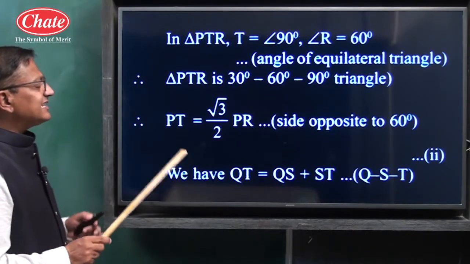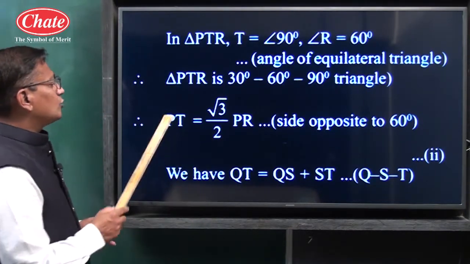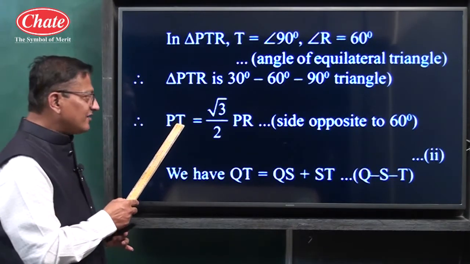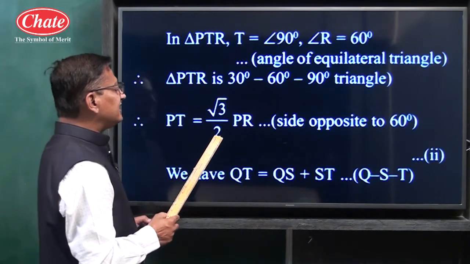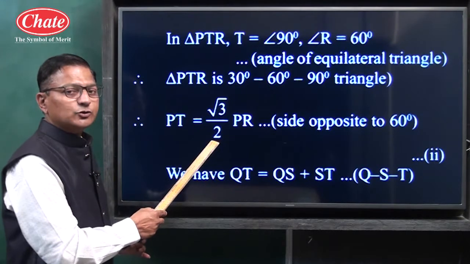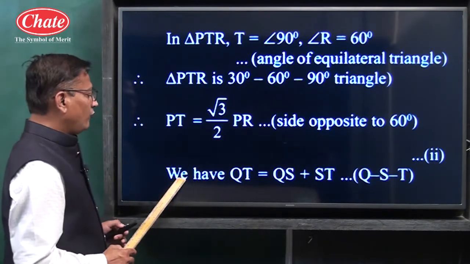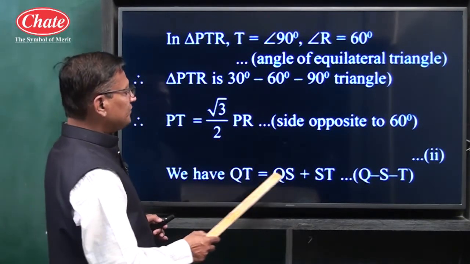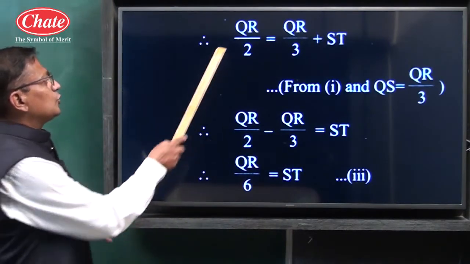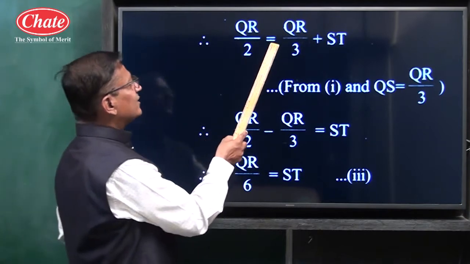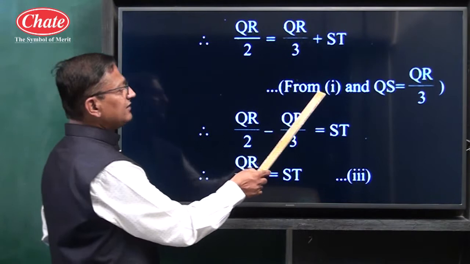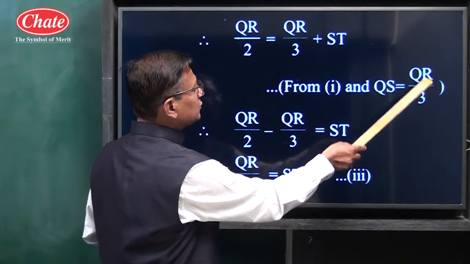And if it is a 30, 60, 90 degree triangle then PT is side opposite to 60 degree. Therefore, it is root 3 by 2 times PR, root 3 by 2 times hypotenuse. We have QT is equal to QS plus ST. So, QR by 2 is equal to QR by 3 plus ST from 1, and QS is equal to QR by 3.